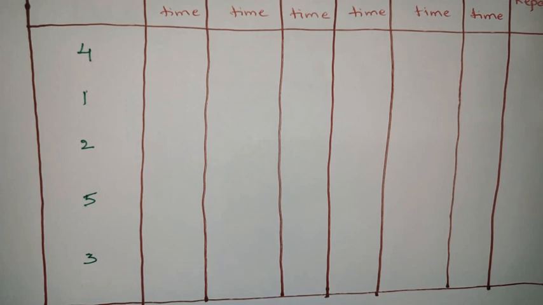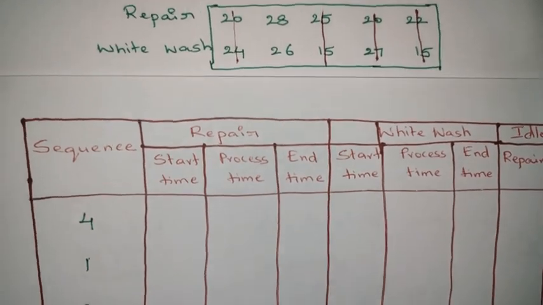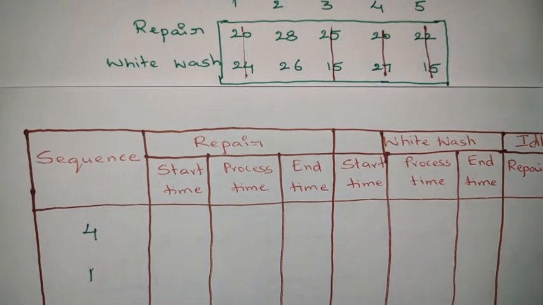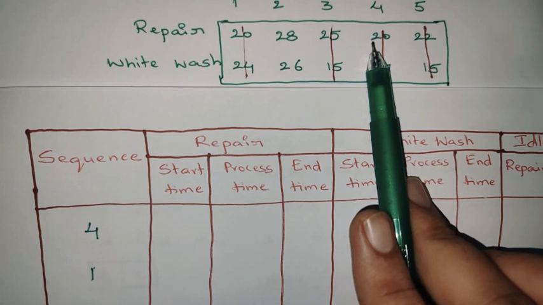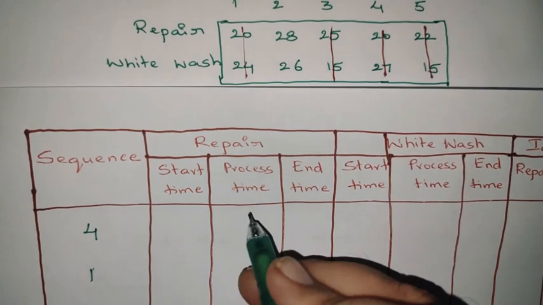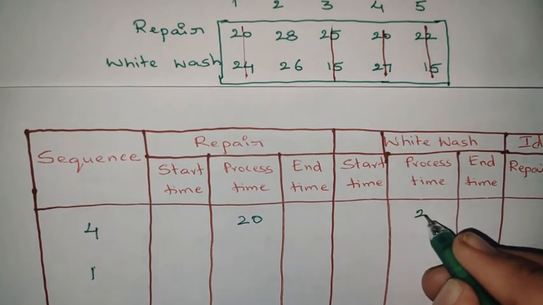And then write the process times for repair and whitewash in this sequence. So these are the process times. Now for the fourth floor, the timings are 20, 27. Write them for the fourth floor: 20, 27.